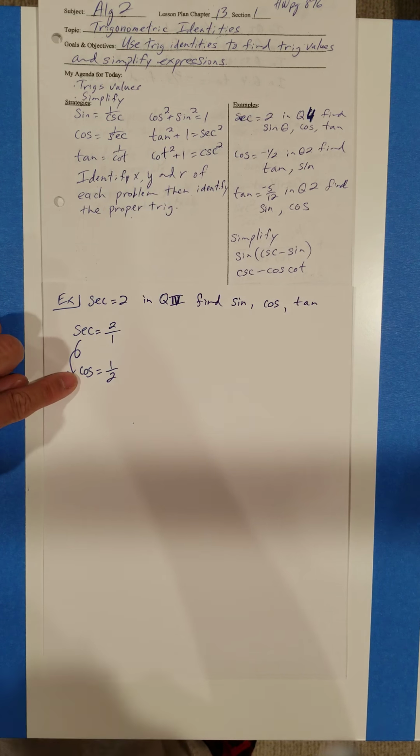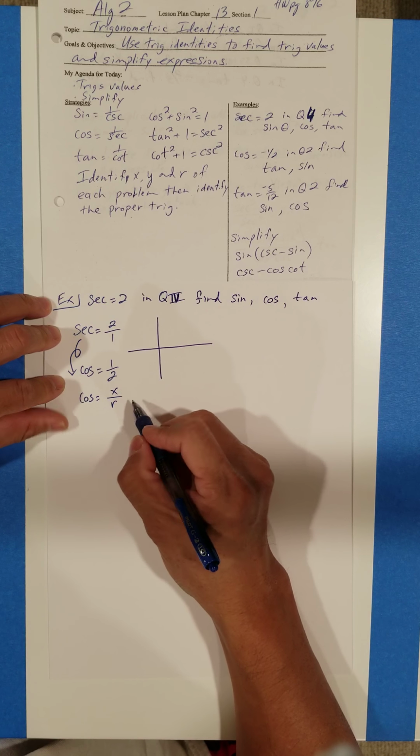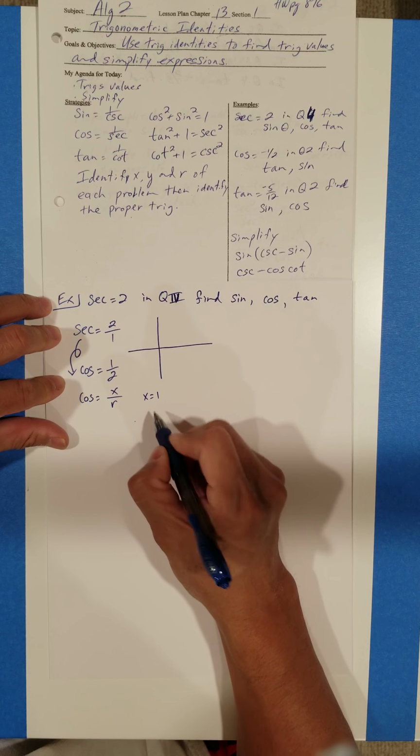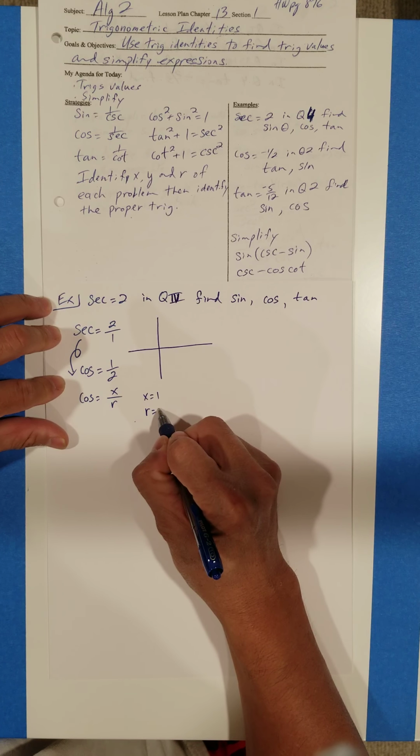This is easy to deal with, and it allows us to identify x, y, and r. Remember, we're in quadrant 4. Cosine is 1/2, and cosine is x over r. So that tells you x equals 1, r equals 2.